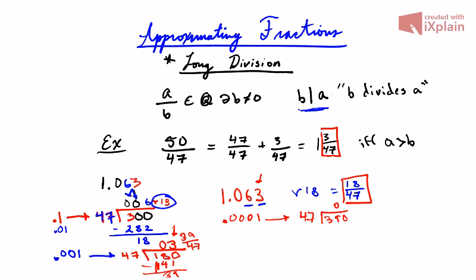Yes. How many times? Well, you ask yourself, what times 47 gives you something that's less than 390? 8. So let's plug in an 8.